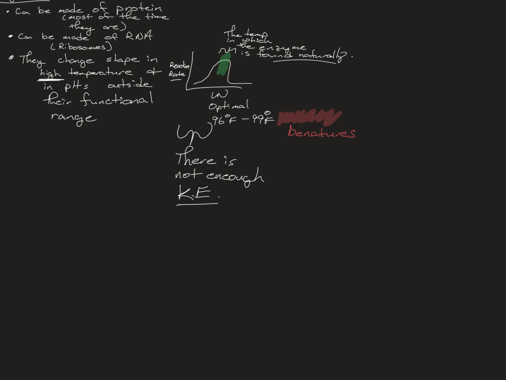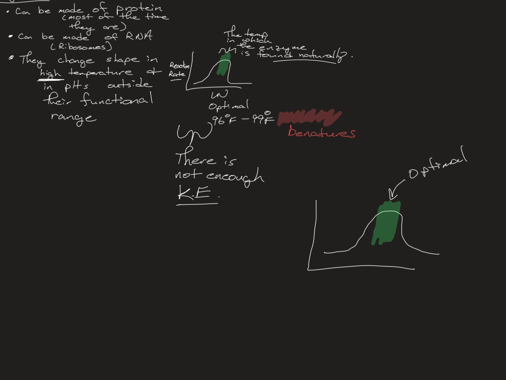So you see a similar thing with pH. With pH, the graph is a little different. Here with pH you're actually dealing with denaturing on both ends. If it's not the optimal range, by the way, this is optimal, right?